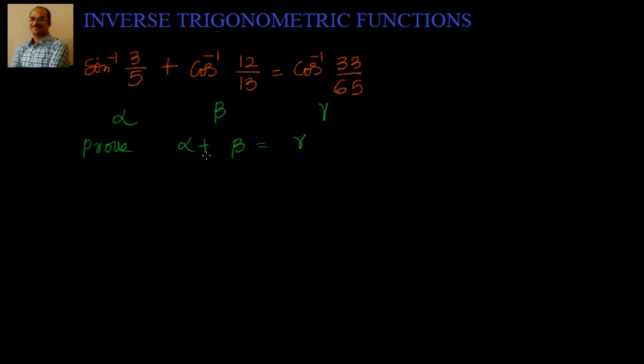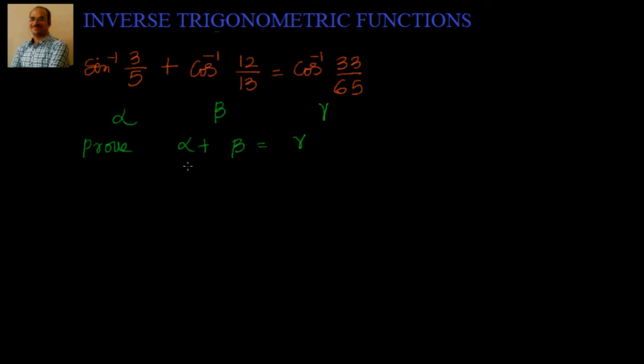So can I say if I can apply sine on both sides or cos on both sides and see what the values are, then if I know what is cos of alpha plus beta, I can say alpha plus beta equal to cos inverse of gamma. So if cos of alpha plus beta equals this value, then we are perfectly fine.